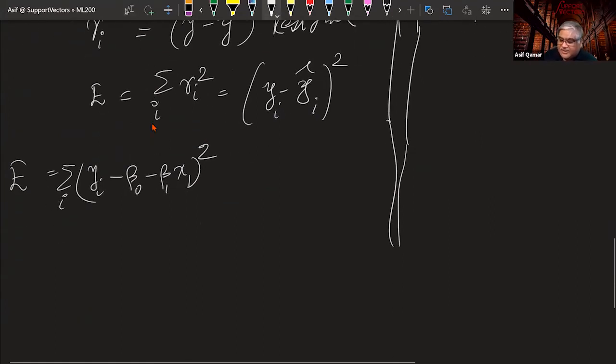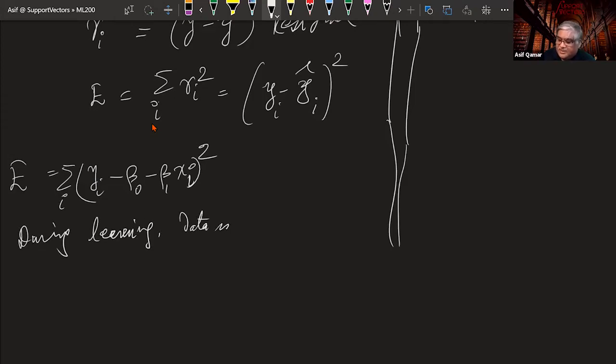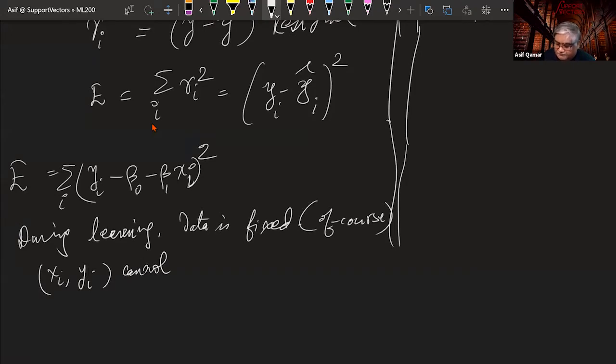So when you are doing your problem, you know that data is fixed during learning, of course, because you're learning on the data. So the values of x_i, y_i are not changing. So this E, what is it really a function of?